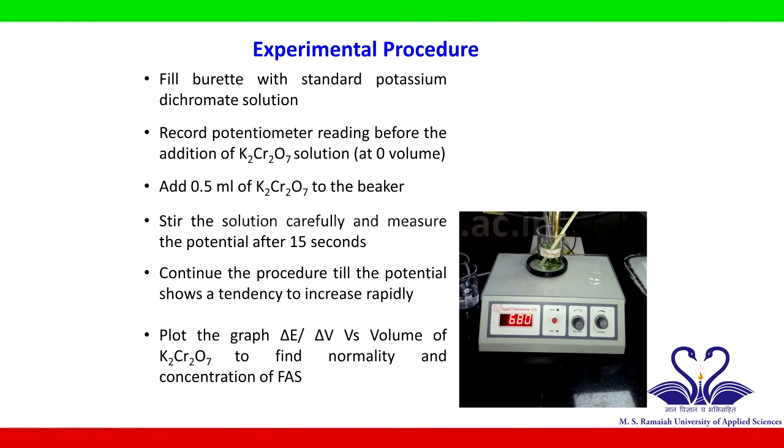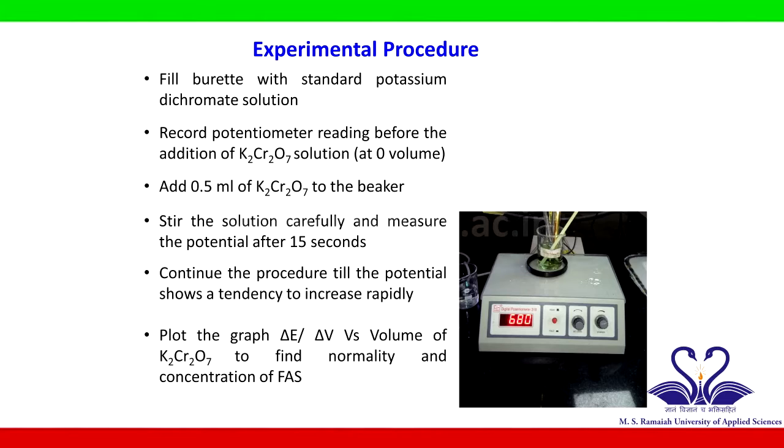Record the potentiometer reading before the addition of potassium dichromate solution, at 0 volume. Add 0.5 ml of potassium dichromate to the beaker. Stir the solution carefully and measure the potential after 15 seconds. Continue the procedure till the potential increases rapidly and take 5 to 6 readings further.